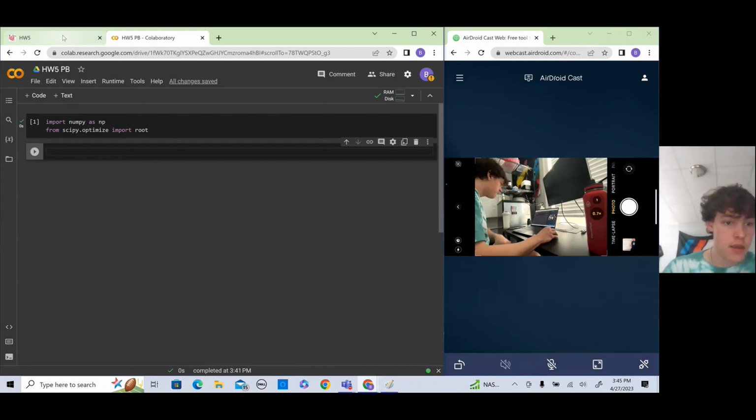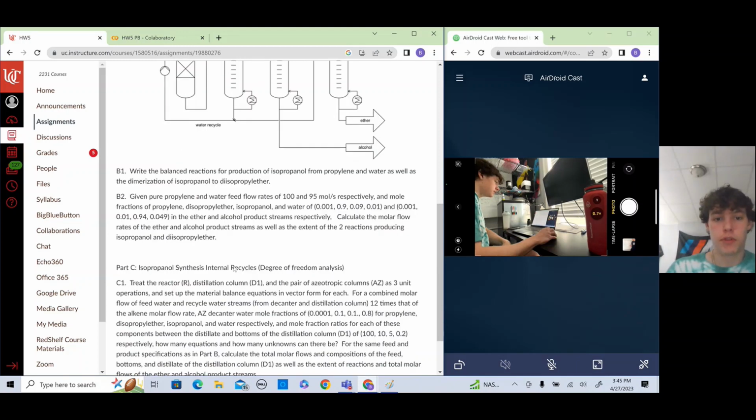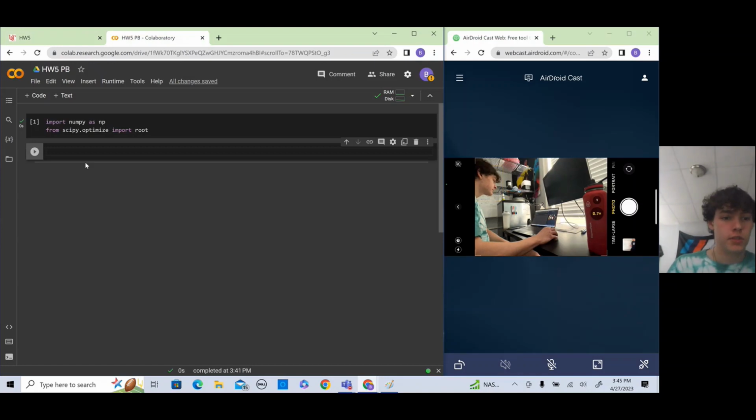So now we can move on to part B2, in which we can use those balanced reactions we just got and our initial flow rates and mole fractions for the diisopropyl ether and isopropanol to calculate the extent of reaction and the flow rates of our products. So we can start with our water flow rate, which is 95 moles per second.